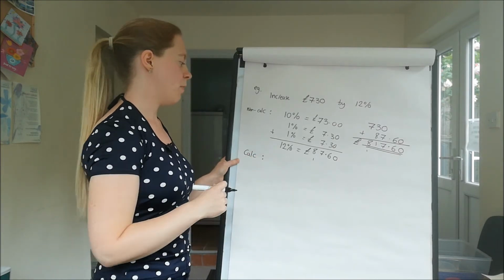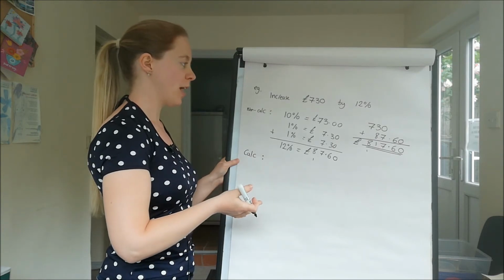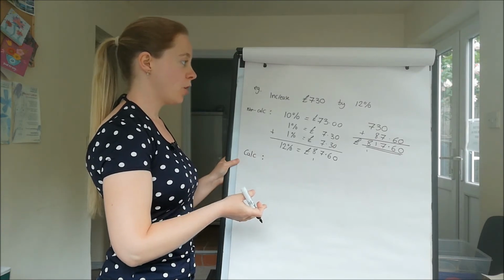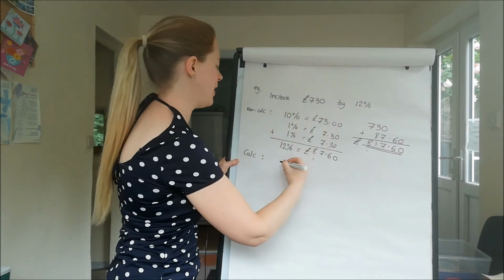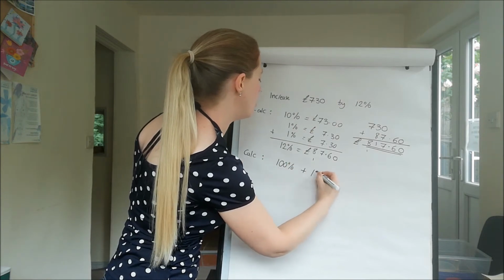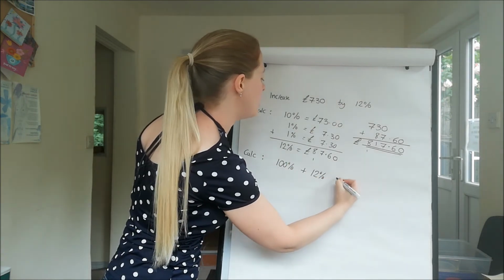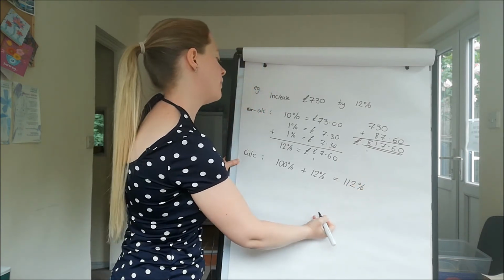And if you then put calc, we'll do the same question again with a calculator. So if we're being asked to increase that by 12%, then we need all 100% of it plus an extra 12% of it, which altogether makes 112%.